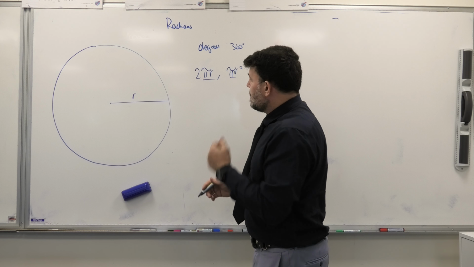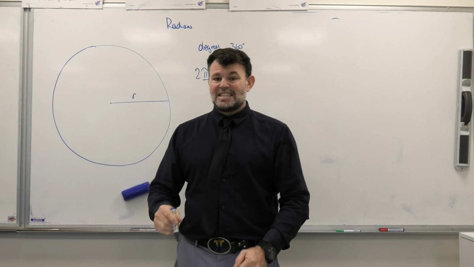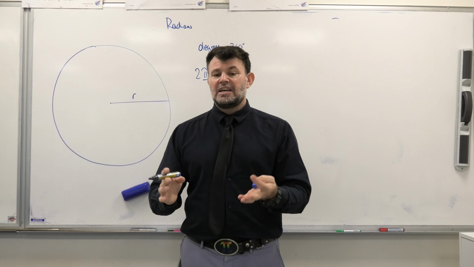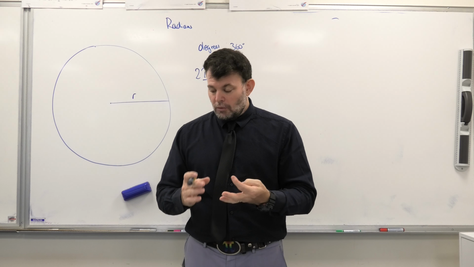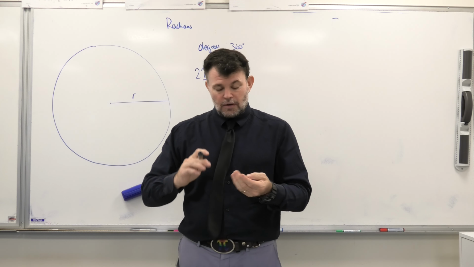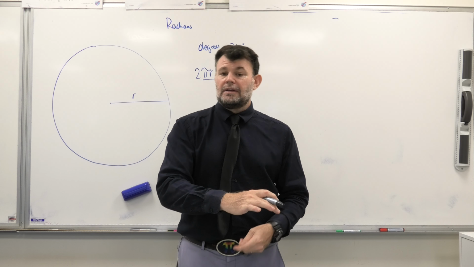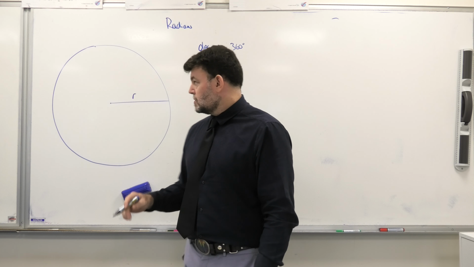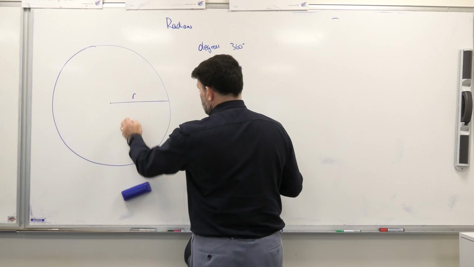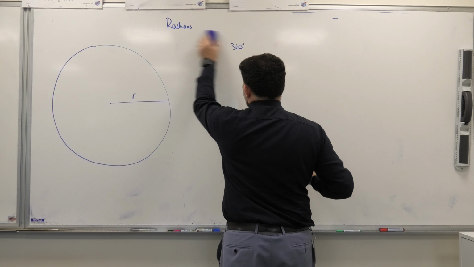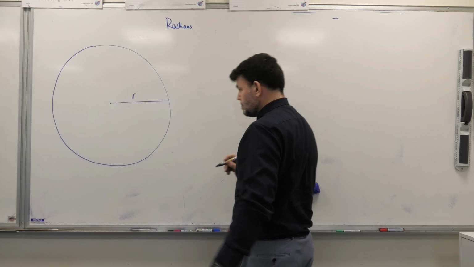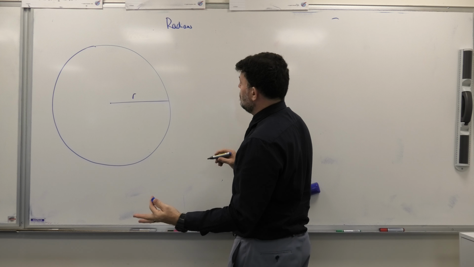So what we're going to be doing today is looking at how the radian is calculated, and then looking at a formula to help us convert from degrees to radians and back and forward. So let's get into it. We've got a circle here, and let's look at some background and terminology.